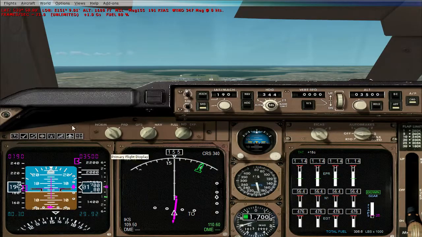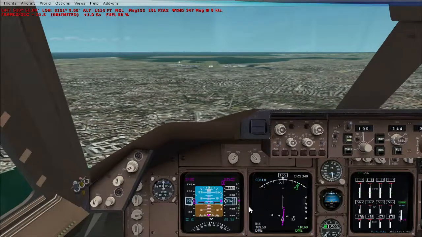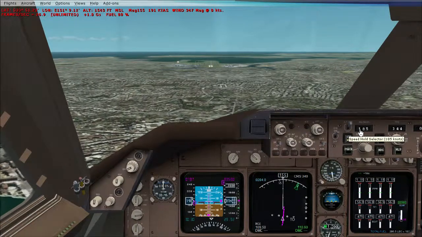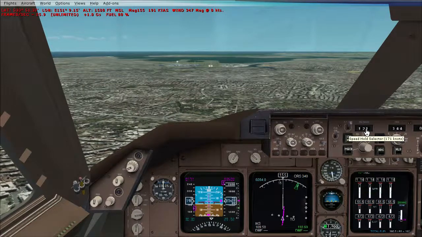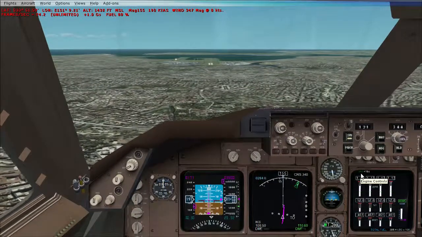Bring the speed back now to 190. Oops, actually we'll do it this way because it looks more authentic. Speed back to 195. I can get it back to 180, 175, I should say. That'll do. Stick the flaps out to full.